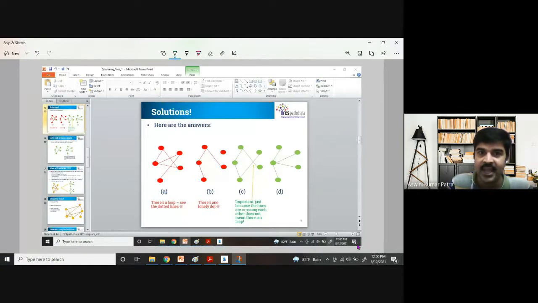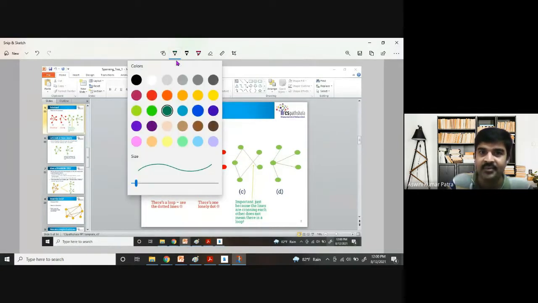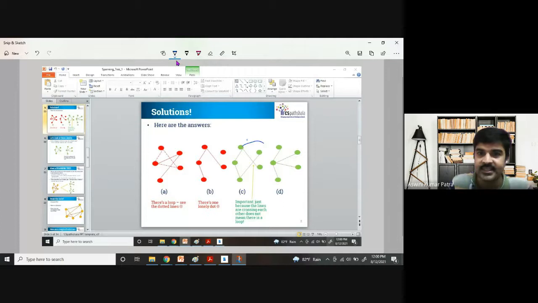Instead of this line, you can connect this in a different way as well, like this. In this case, this line will not be there, and you cannot assume that this is a circuit. These are wire connections. You just drag the wire in a different direction. That's all. So these two are my correct answers.